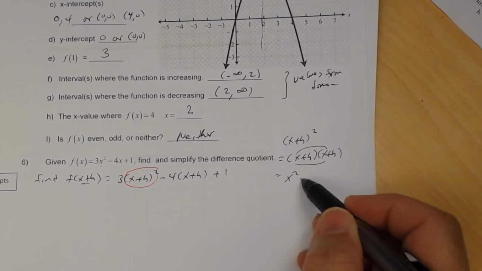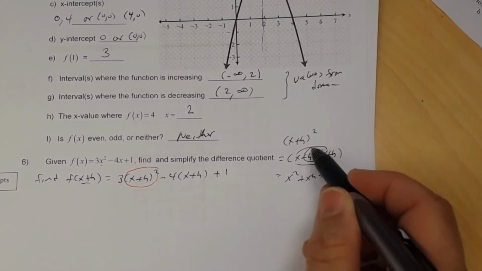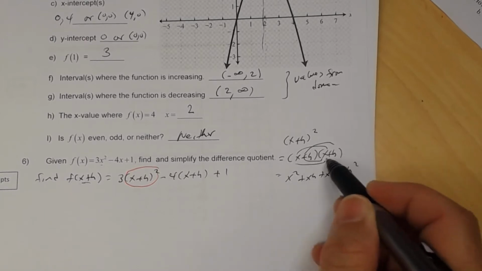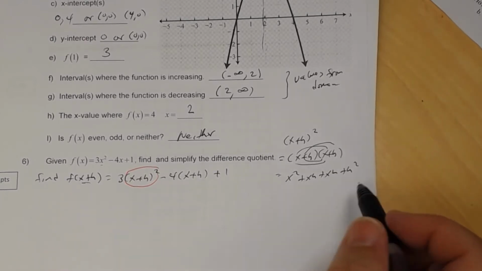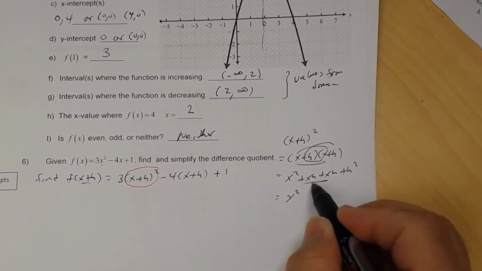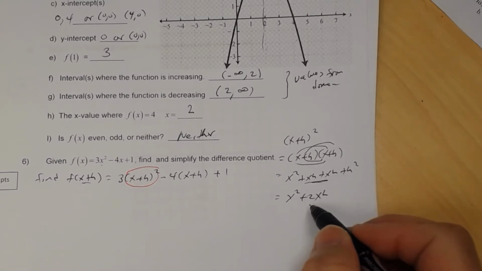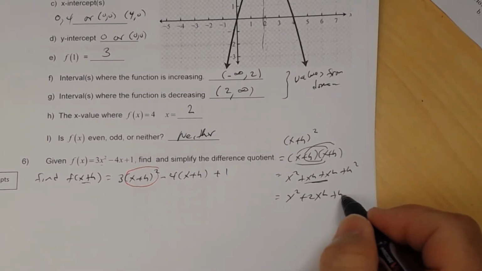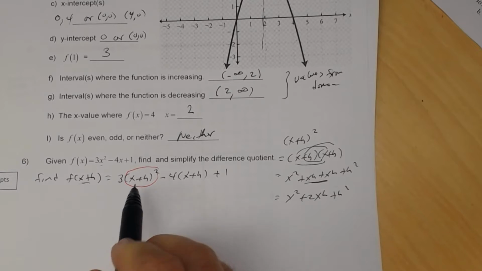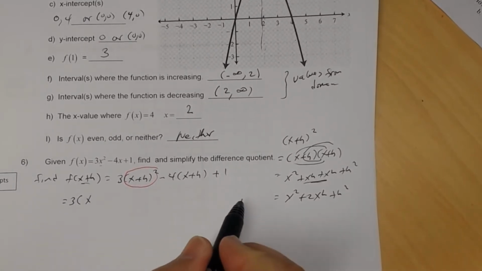The outer is xh. The inner is xh. And then h squared. H times h is h squared. So then you get x squared plus 2xh, because xh plus xh is 2xh, and then h squared. Now that goes here. So that's going to be 3 times this trinomial here.